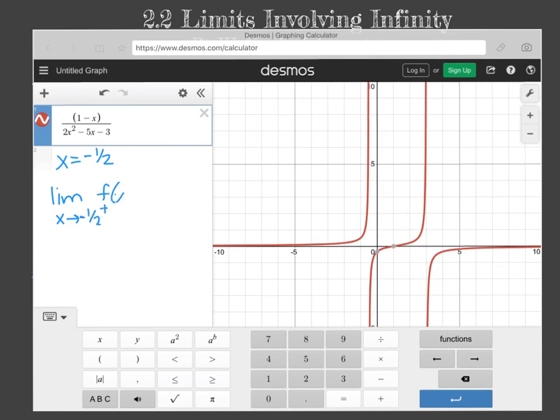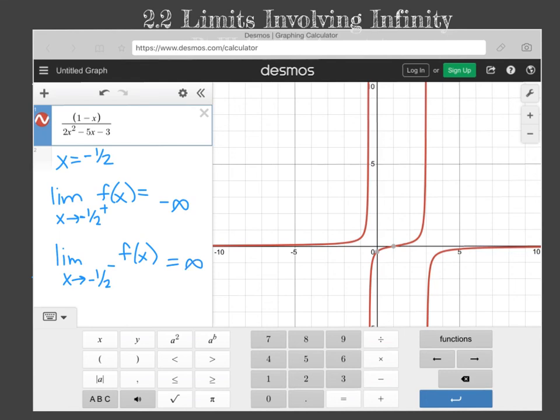So the behavior to the right of negative 1/2, so here's negative 1/2, to the right of it, our graph is going down towards negative infinity. And our left-sided limit, the behavior to the left of that vertical asymptote, our graph is going towards positive infinity.